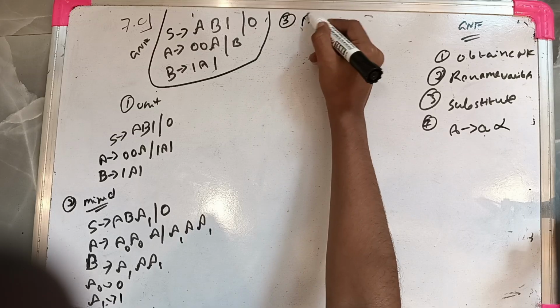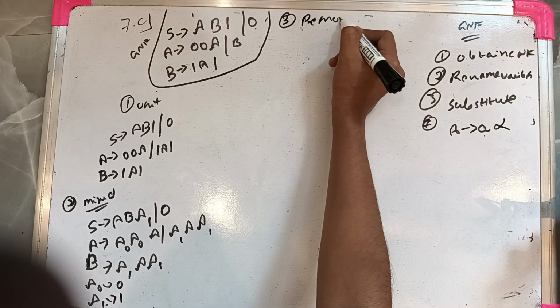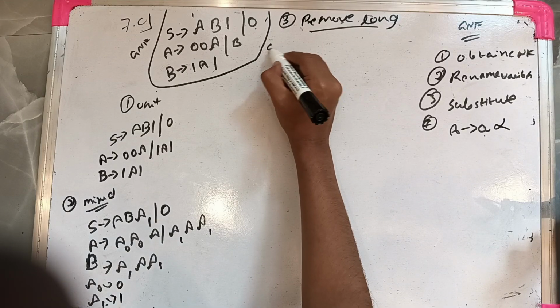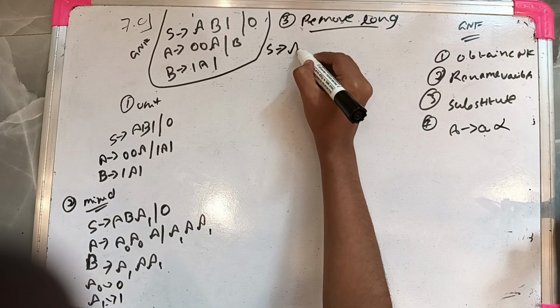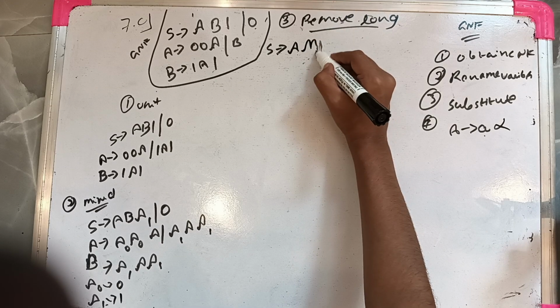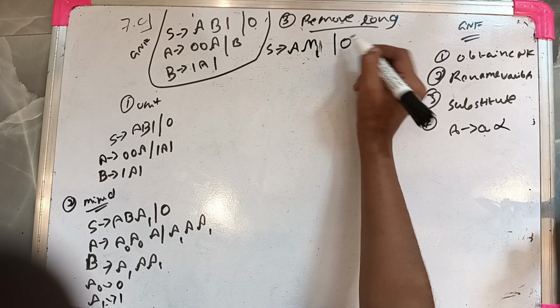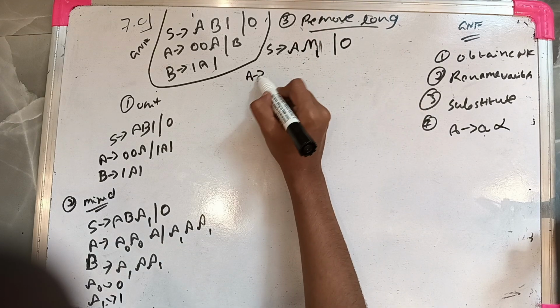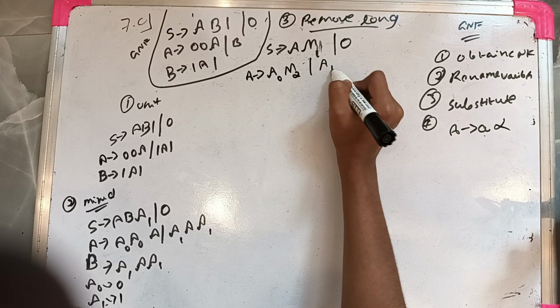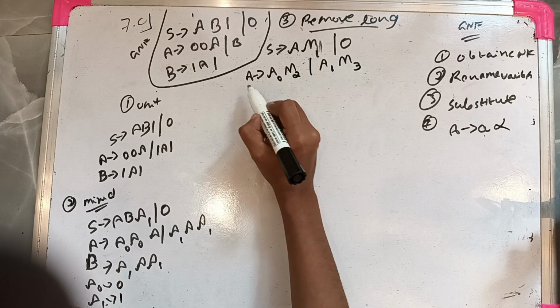In the fourth step, remove long production, correct? So S gives A, B, A1; consider it as M1. Next 0, A gives A0, M2, A1, M3.